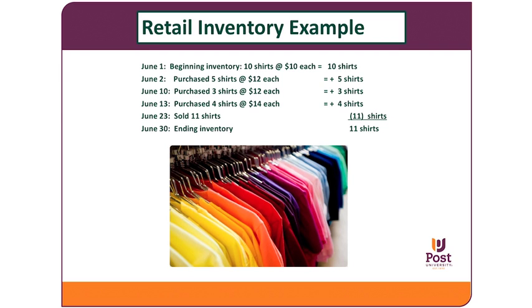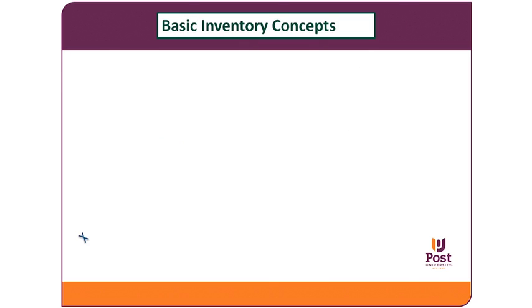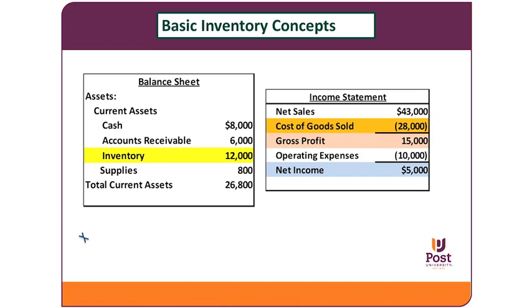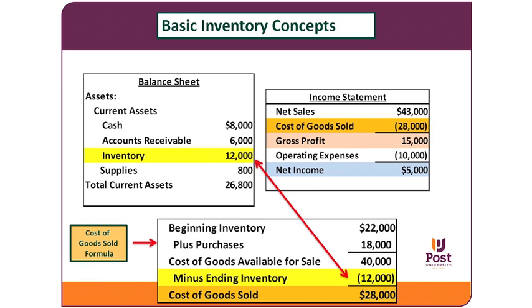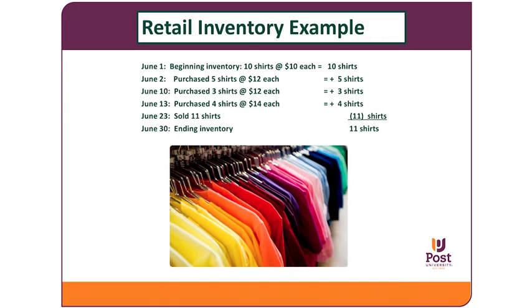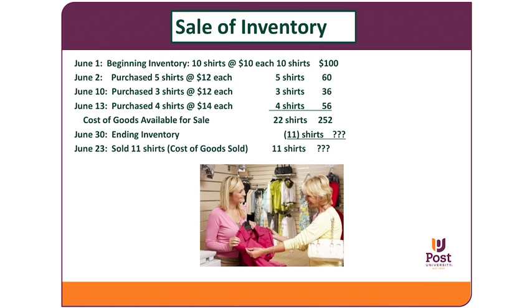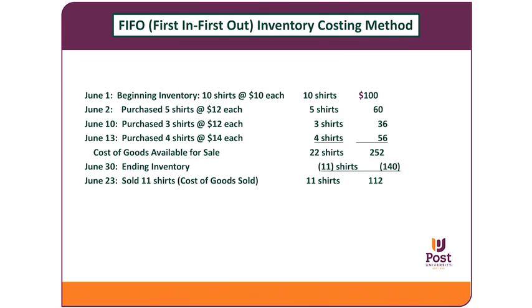Review this data showing a retail store's shirt inventory. We started the month with 10 shirts. During the month, we bought 12 more at various costs to us. Then we sold 11 of the total of 22 shirts.